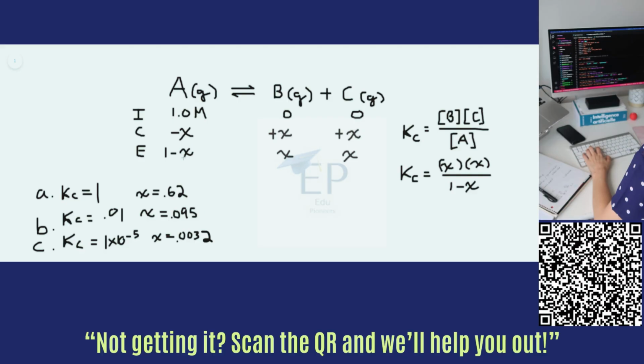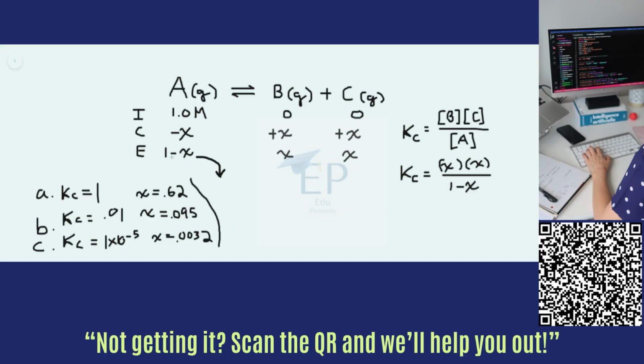So now let's plug these x's all back into here. I'm going to kind of block this off, and I'm going to put the concentrations for A right here and move down the line.